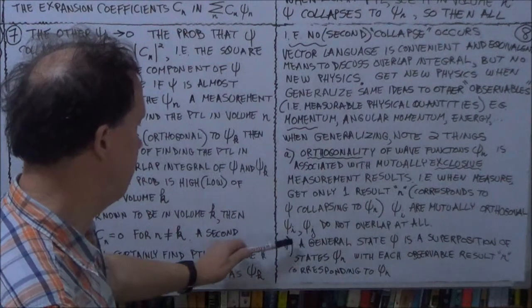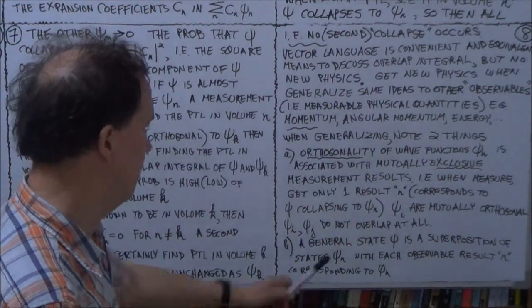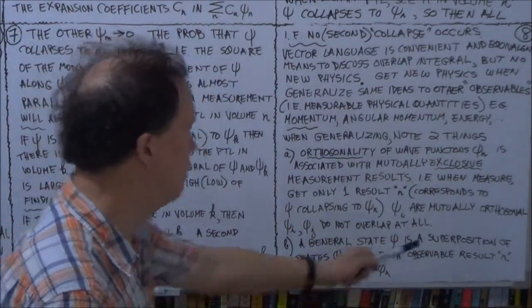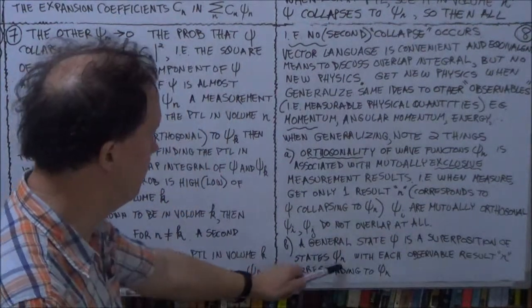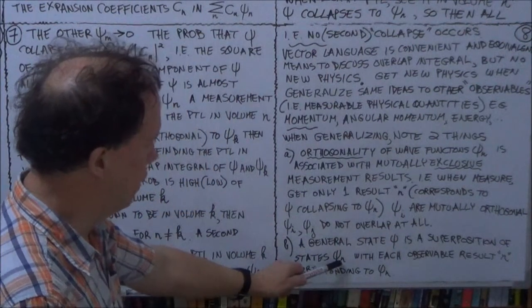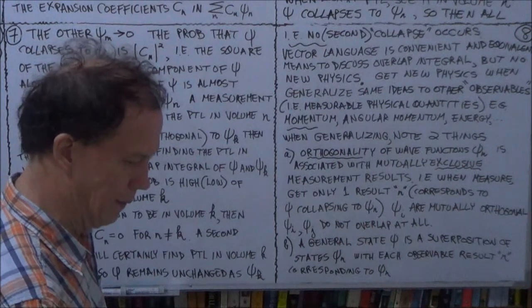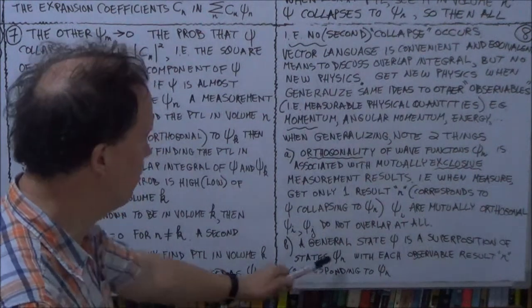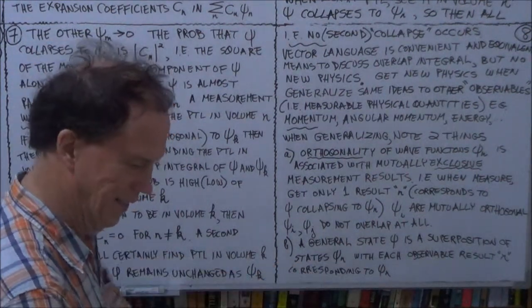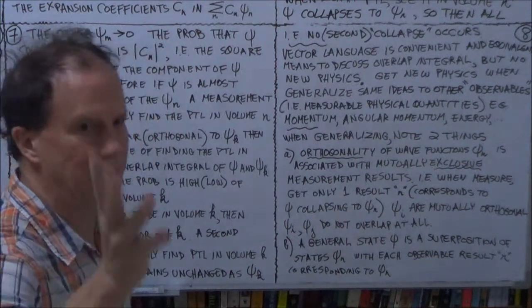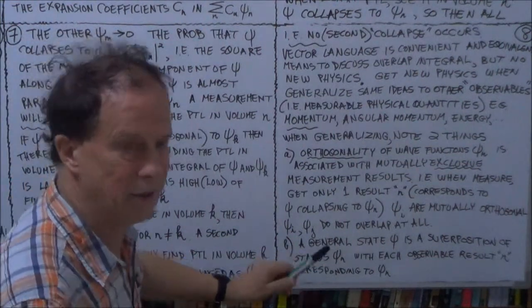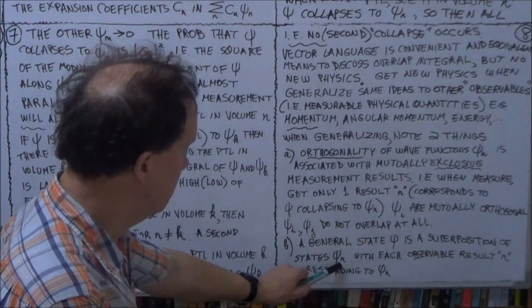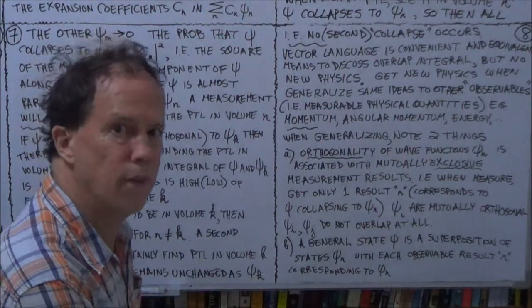And point B simply says that a general state psi function is just a superposition of these functions. Now, I've been calling them eigenstates. I'll wait for that, I'll come to it a bit later, in future sessions. But these are the psi functions that result from the measurement.